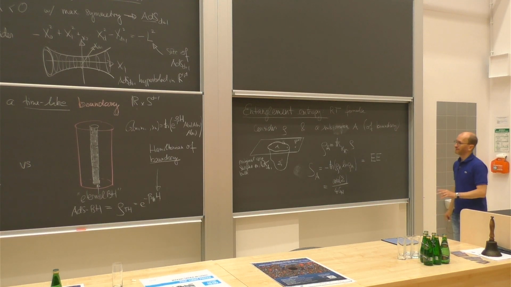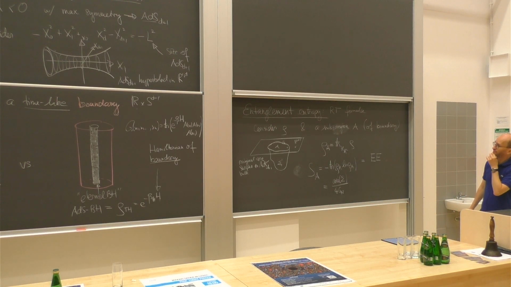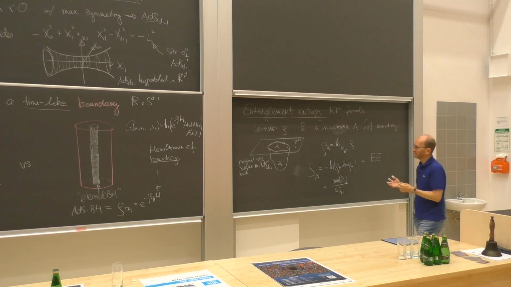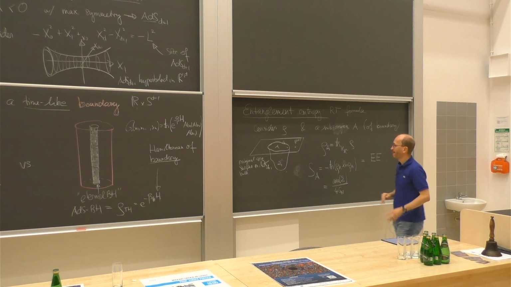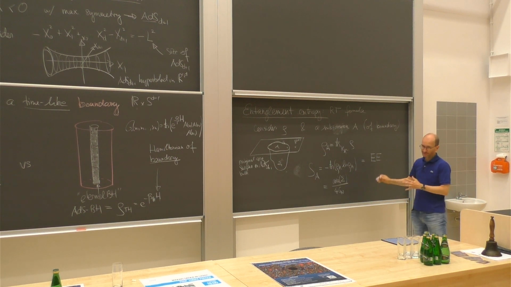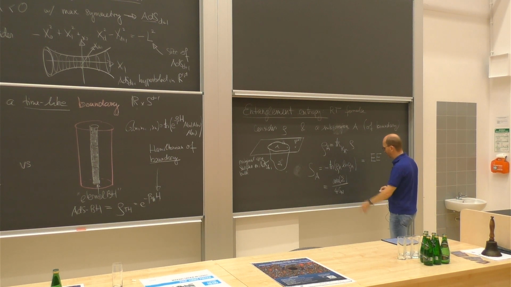But I will not really, of course, go into it. This is a whole subject in its own, in principle, because it relates somehow geometric properties to the properties of entanglement. But I wanted to introduce it because entanglement entropy is actually a great probe of thermalization.